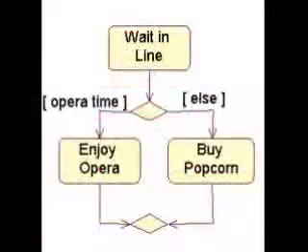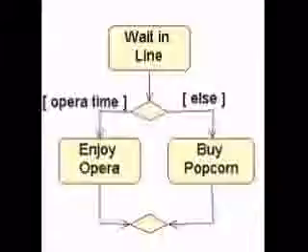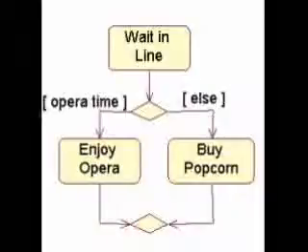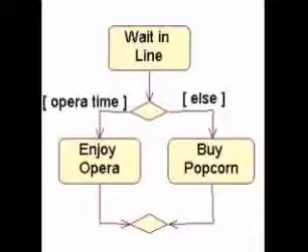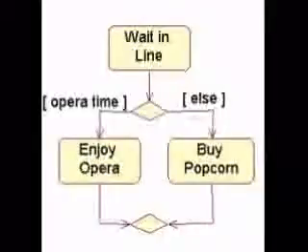A guard is a condition that evaluates to true or false. In the slide, opera time is the guard condition. A branch has a single incoming transition and several guarded outgoing transitions. Only one of the outgoing transitions can be taken, so the guards should be mutually exclusive.